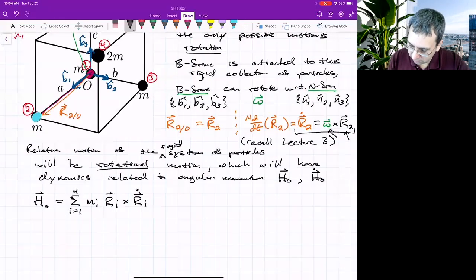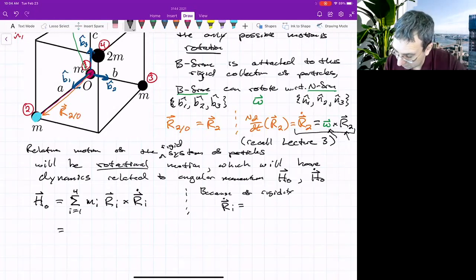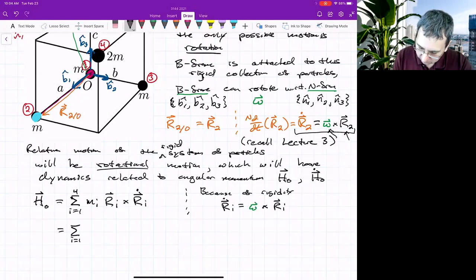But now we'll use the fact that because of rigidity, the inertial velocity of Ri is related to the angular velocity vector cross Ri. So do the sum from 1 to 4, mi Ri cross omega cross Ri.